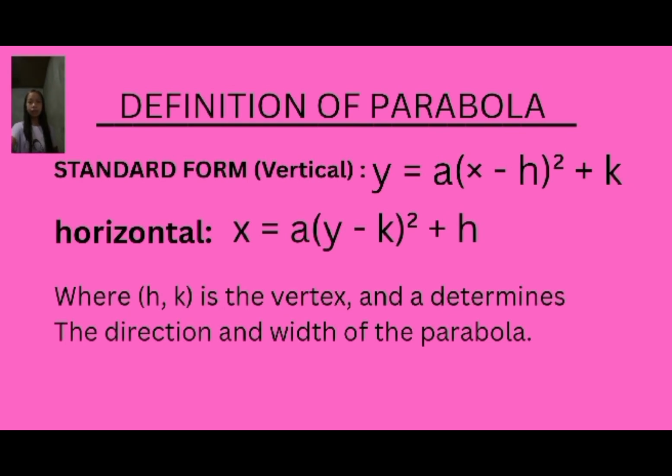Standard form. Vertical: y equals a times x minus h squared plus k. Horizontal: x equals a times y minus k squared plus h, where h, k is the vertex and a determines the direction and width of the parabola.